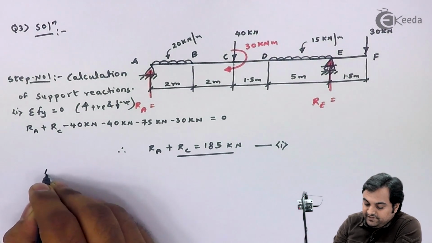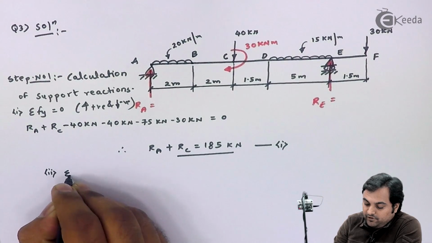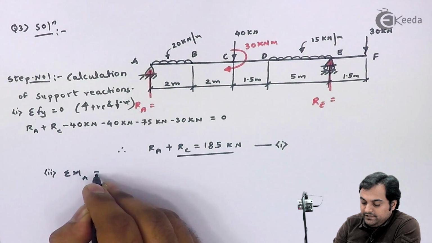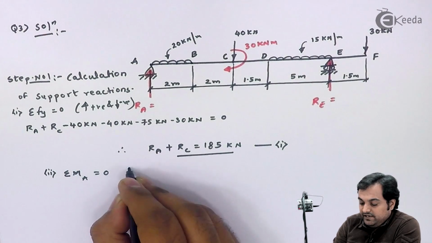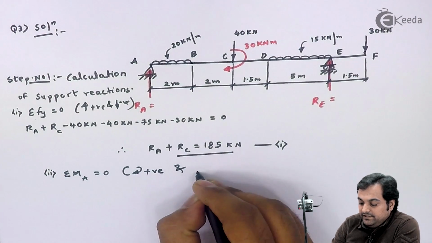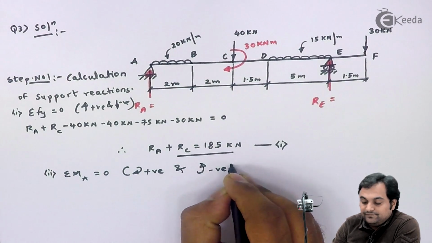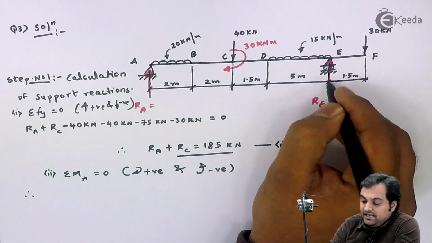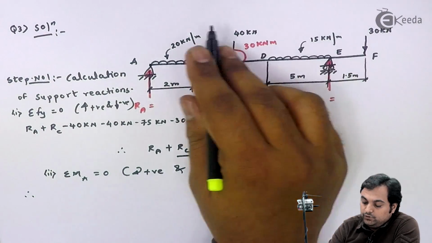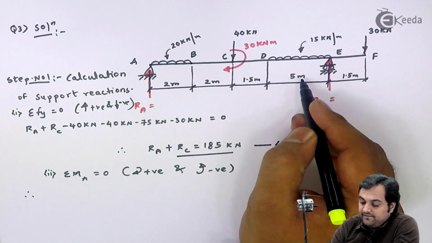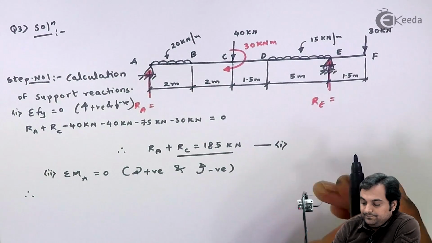After this, I will say that sum of moments of all forces about point A is equal to 0, where I will take clockwise moment positive and anti-clockwise moment negative. So I have RE, reaction at E, into the distance between A and E, that is 10.5.